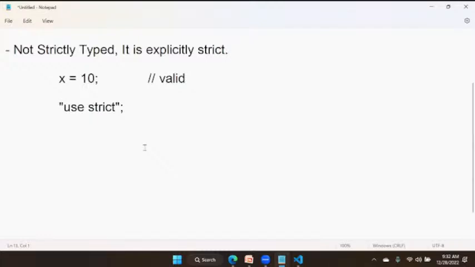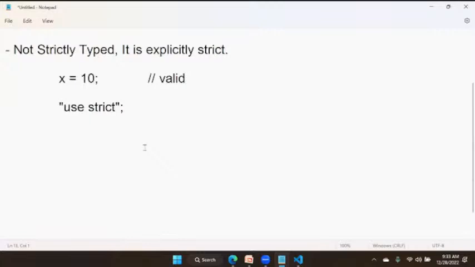If you don't follow the rules and write the program, your program will fail. Those rules you have to follow correctly. So strongly typed is about data types. Strictly typed is about the programming rules and the programming standards. That means a developer has to write as per the standards, as per the rules.